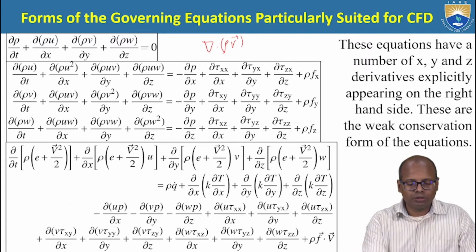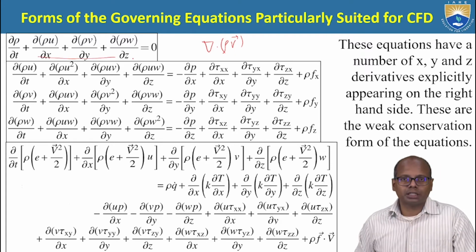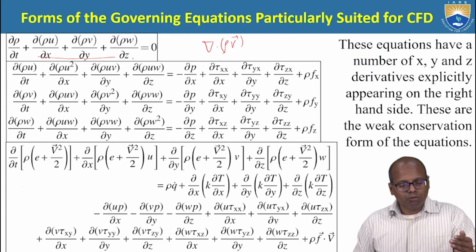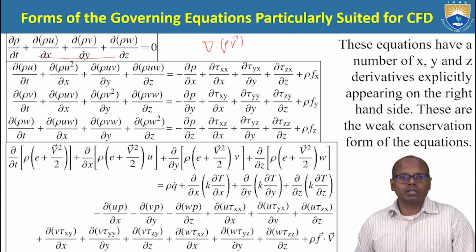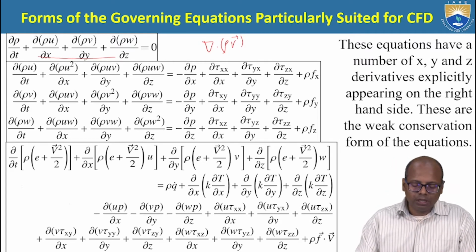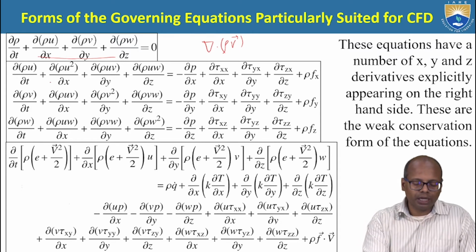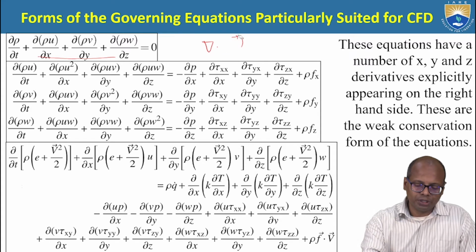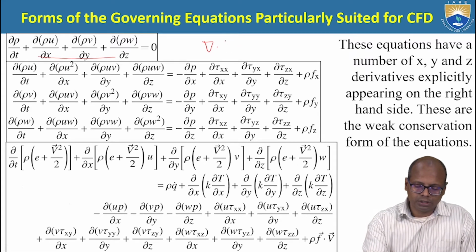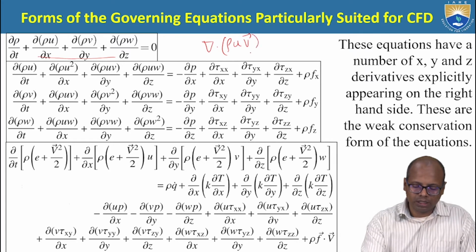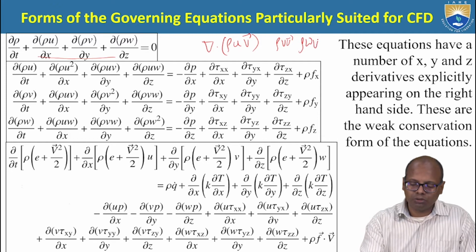That del dot rho v bar is expanded like this in partial differentiation form. Why we have done this, I will show in a few seconds. In the same way, we have del dot rho u v bar, del dot rho v v bar, and del dot rho w v bar.